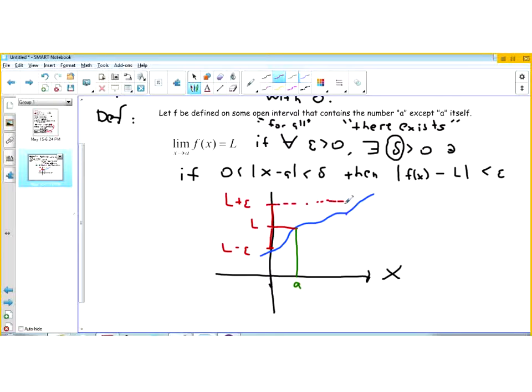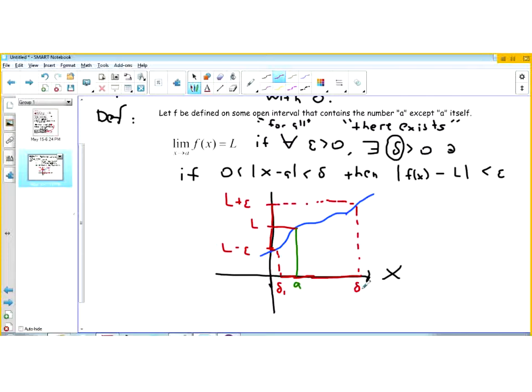Let me draw my function up like this. This would be my delta right here.